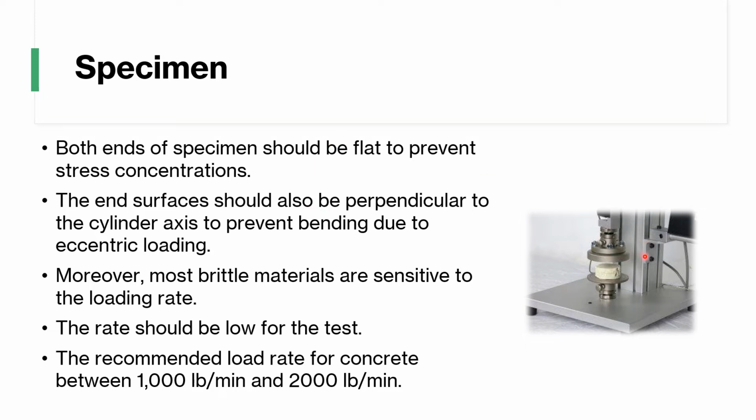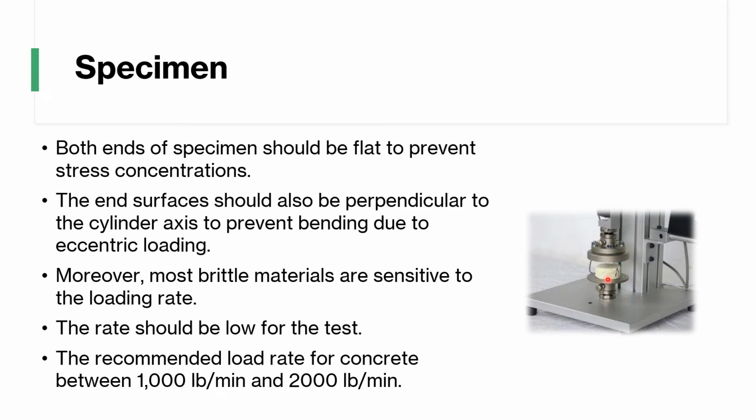Both ends of your specimen should be flat to prevent stress concentration. The end surfaces should also be perpendicular to the cylinder axis to prevent bending due to eccentric loading. Most brittle materials are sensitive to the loading rate, so you have to load according to your material, not too fast and not too slow.